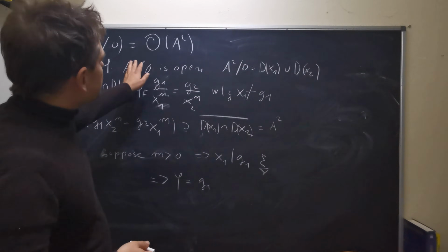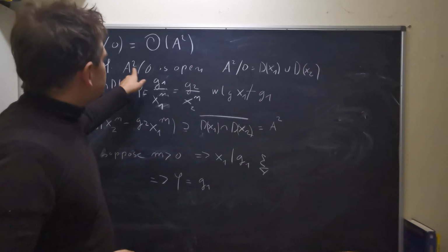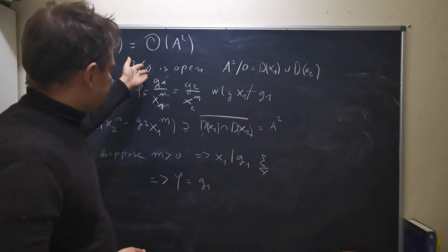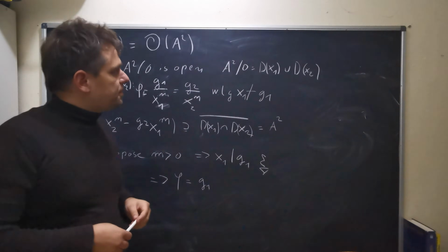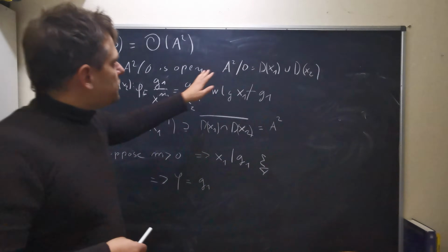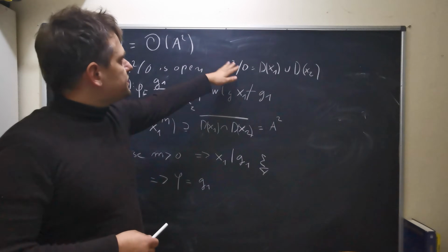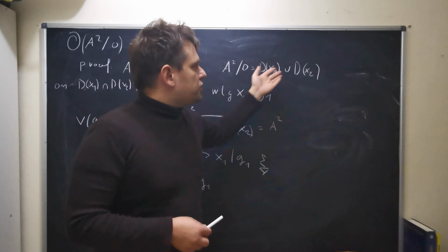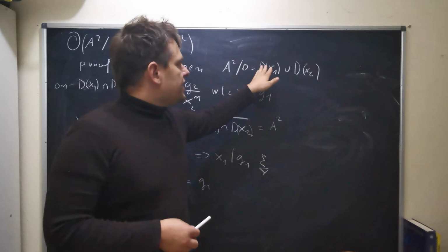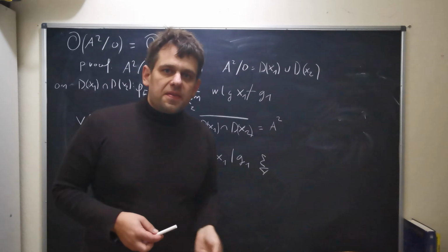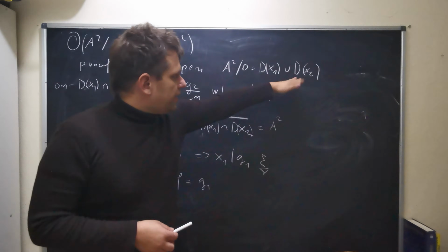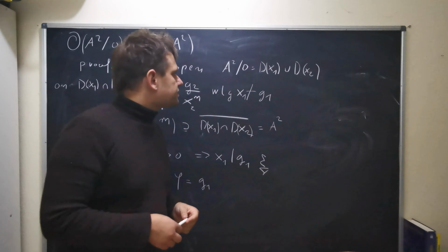So first, note that this set, the punctured plane, is open because 0 is closed in the Zariski topology, and you can write this set as a union of two distinguished open subsets. D(x1), this is the non-vanishing set of the polynomial x1, and similarly for x2.